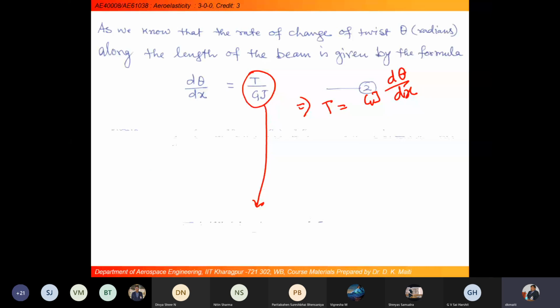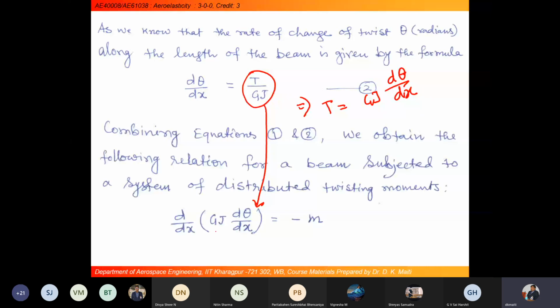And if we take a rectangular wing, then GJ can be considered constant. Then we can write GJ times d2 theta by dx square, taking GJ outside, equal to minus m.